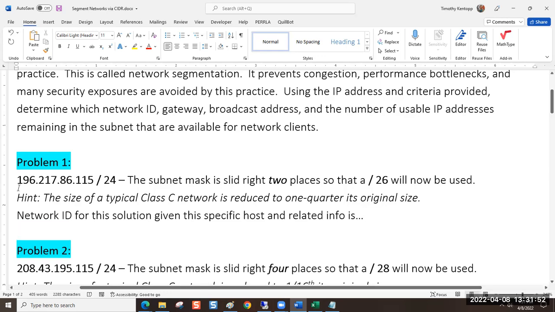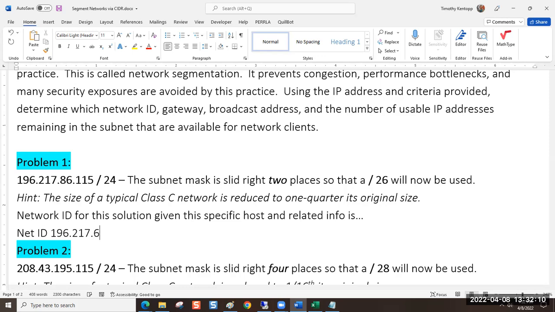Right, so we're given this host. This is the host we have to work with. And we got to come up with all the rest of that information, right? So then we type that out. We say, okay, net ID 196.217.86.64 slash, it's no longer a 20, it's not a 24, it's a 26, right?